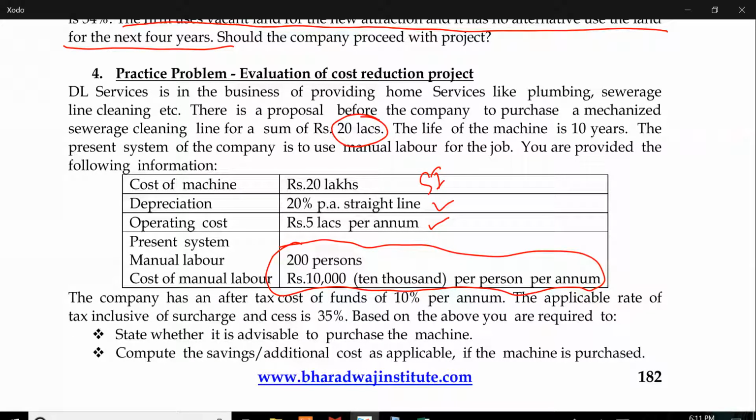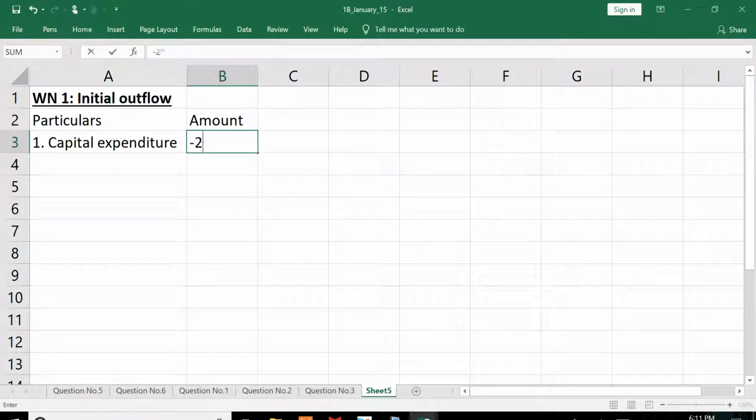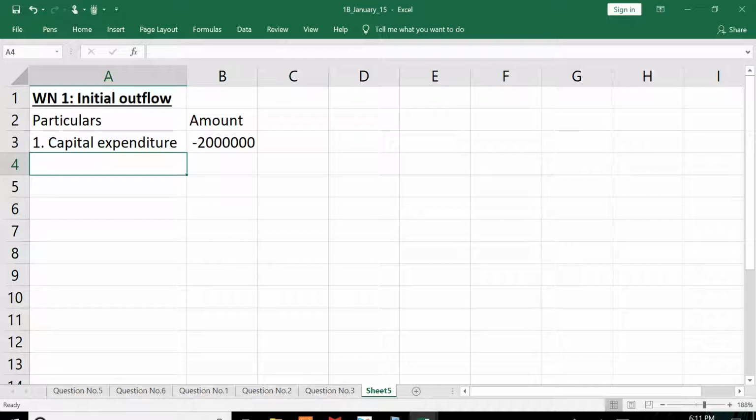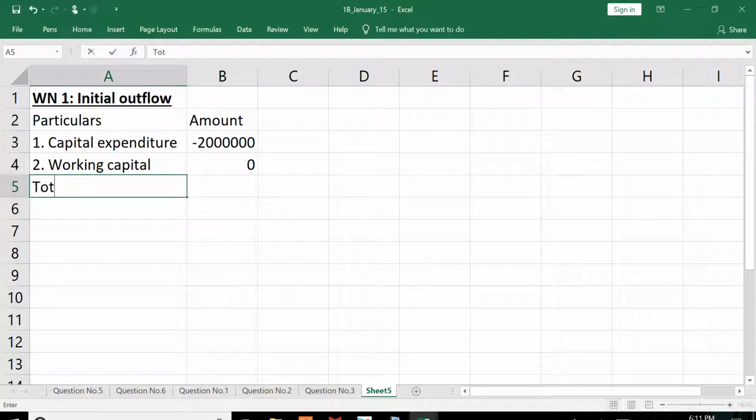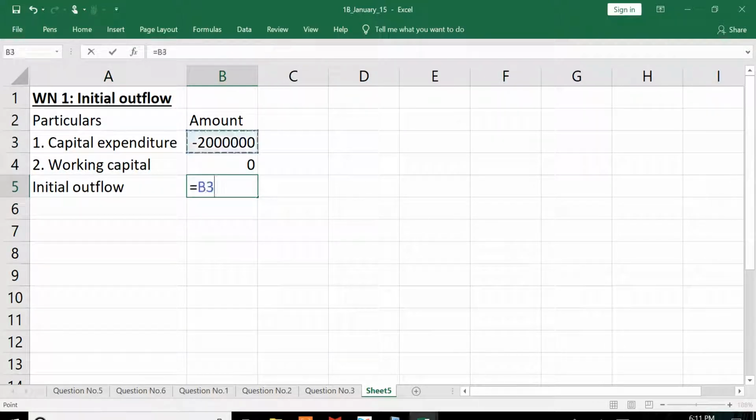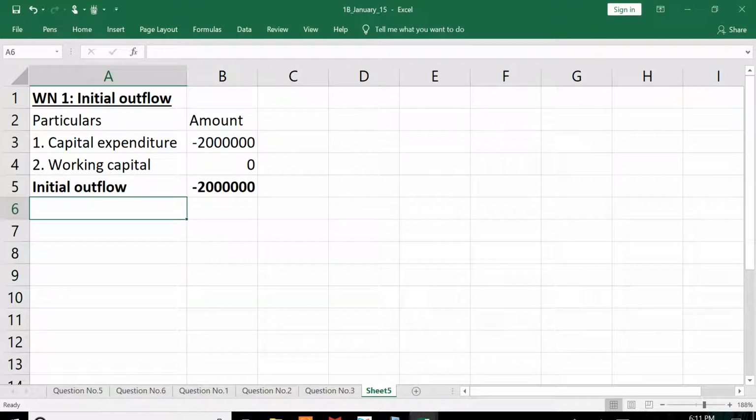What's the capital expenditure you see? 20 lakhs. Working capital 0. Capital expenditure 20 lakhs, working capital 0, so initial outflow is 20 lakhs.